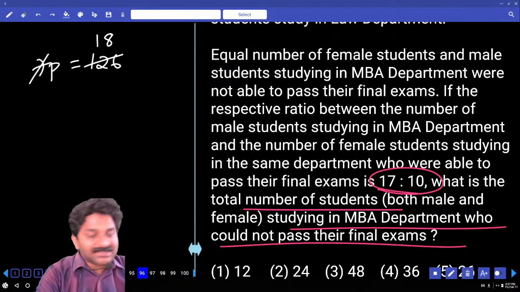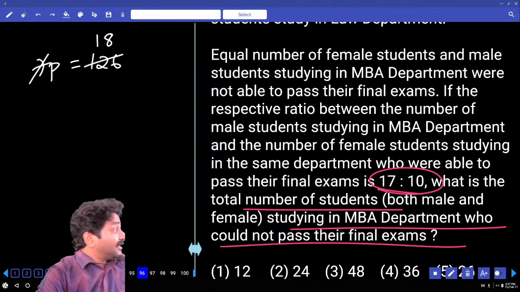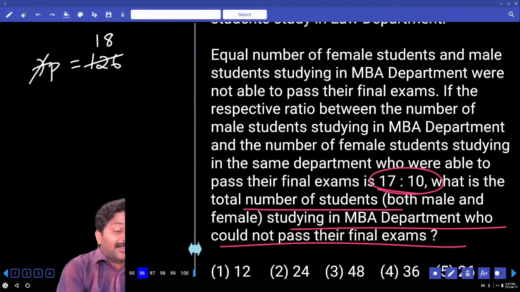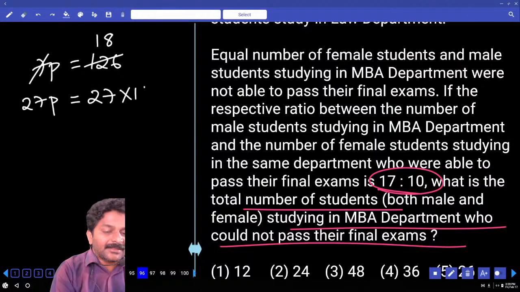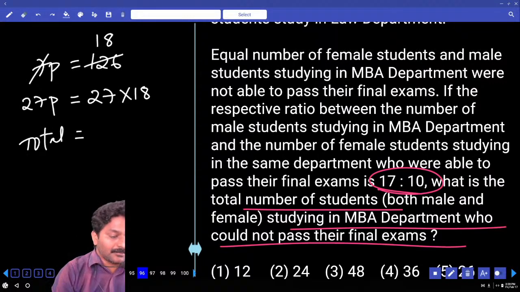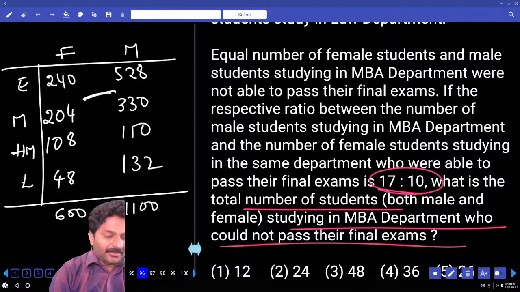How many were passed? 17 plus 10, 27 parts into 18. These were passed. And how much is the total? 534.